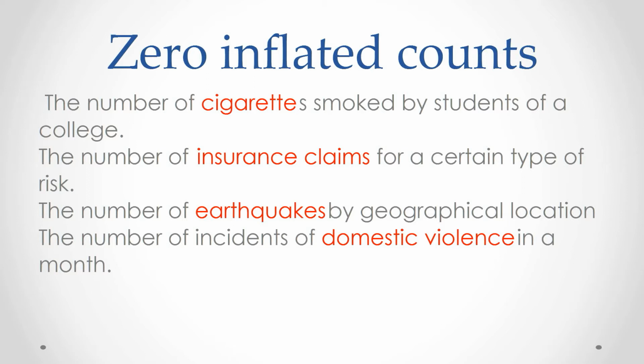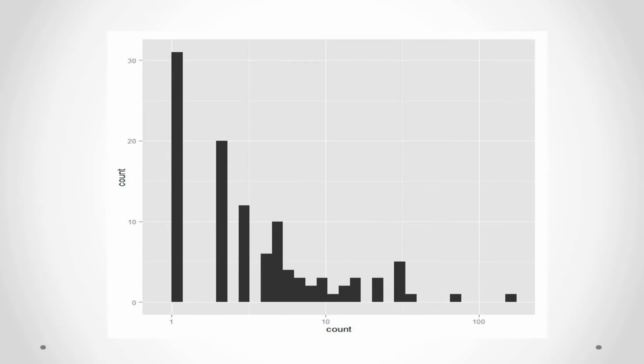Now, this set of examples is somewhat distinguished from the previous examples you have seen of counts, and the reason is that if you were to collect data on any one of these variables and plot a histogram of the data, you might expect to see something like this.